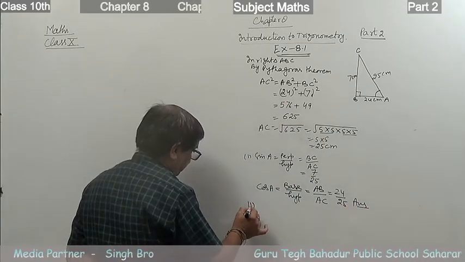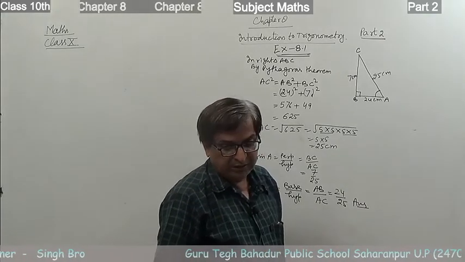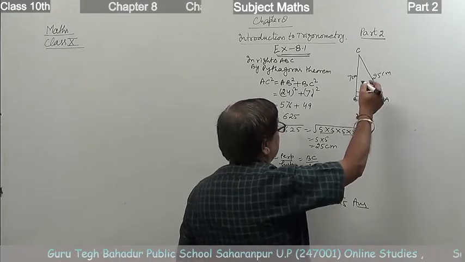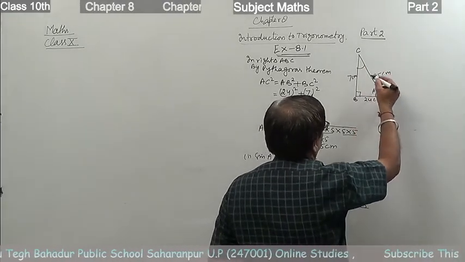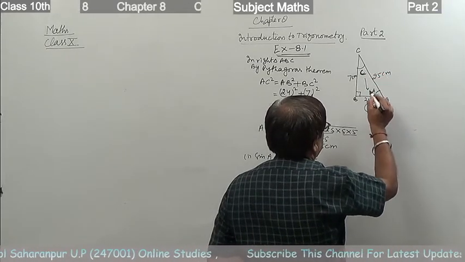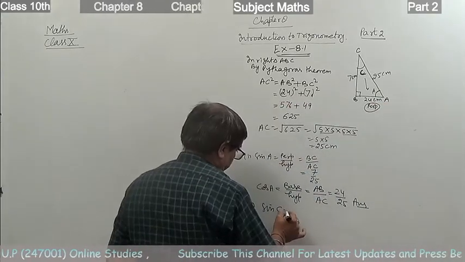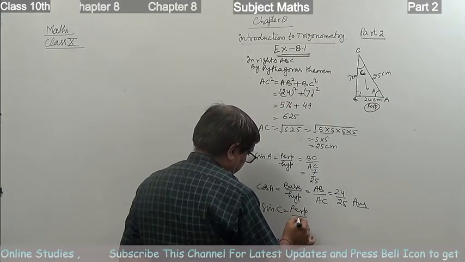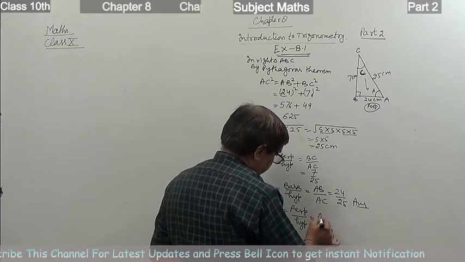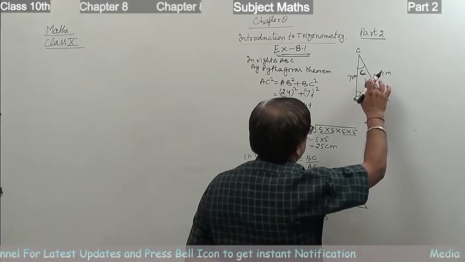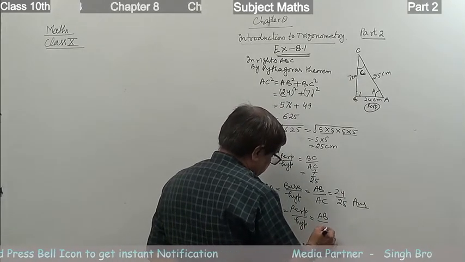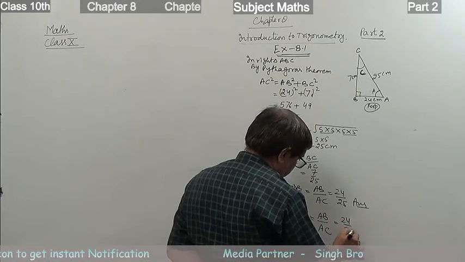Second part, sin C. For angle C, this was the angle A, this is the angle C. It is a perpendicular for angle C. So perpendicular upon hypotenuse, perpendicular is AB and hypotenuse is AC, that is 24 upon 25.